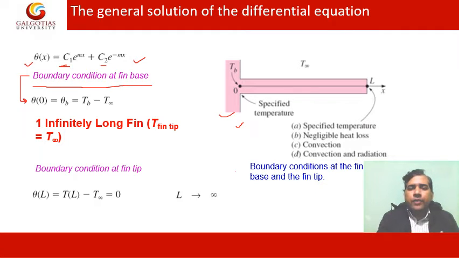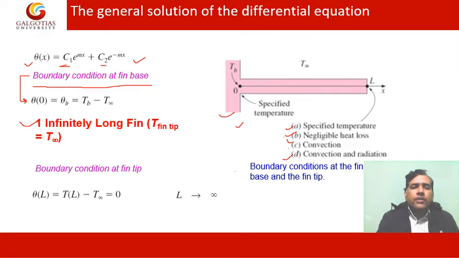Okay, and from the base, the heat loss is negligible. The heat loss is negligible, and convection. These are the cases with respect to which we can define the boundary condition. Okay, so the first case is that the fin is infinitely long.